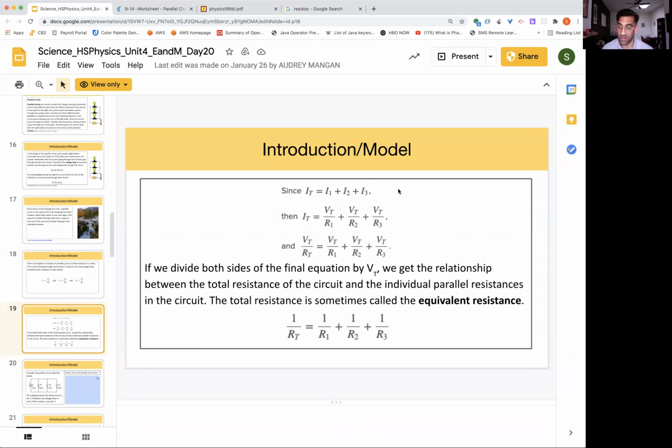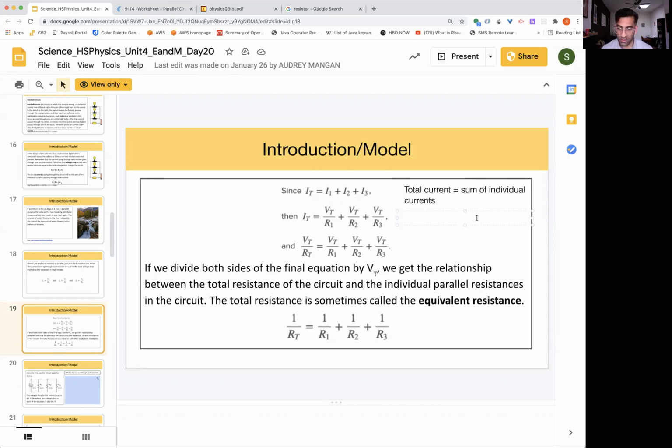And this is something I suggest when you're making your own notes. You can open your own Zoom, take the slides, and make notes next to them in order to clarify things. So total current equals sum of individual currents. All right, that's our first note to ourselves.